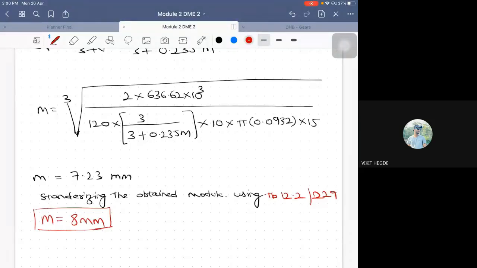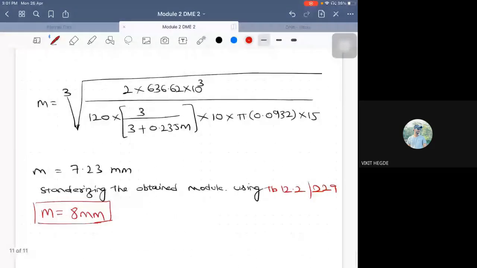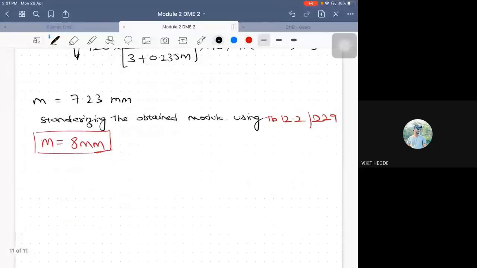Okay. So module is finished. What is the second part that is asked? Face width.